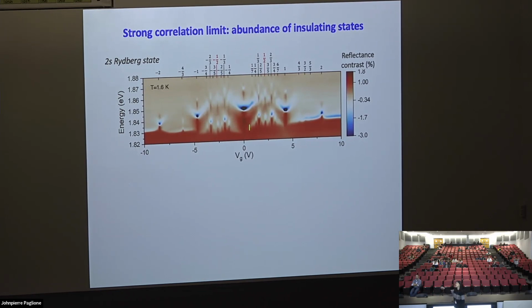So as you can see, at the zero gate, your sample is charge neutral. You see very strong 2s response, and this is expected, right? But when you dope your sample, either electron or hole, you see the 2s energy is smaller, and the response is also smaller.